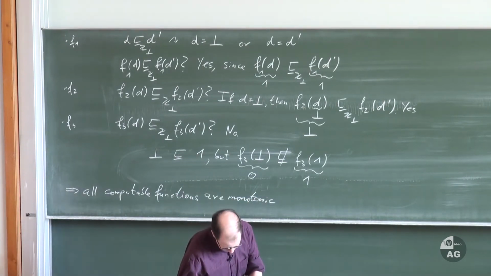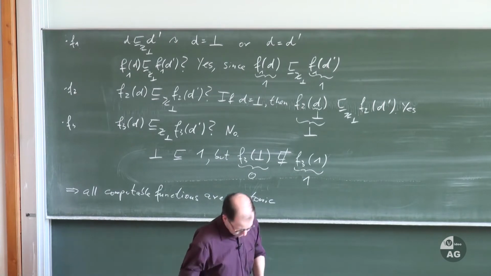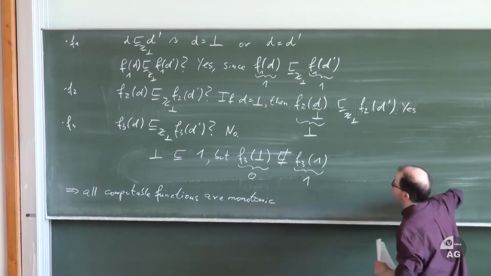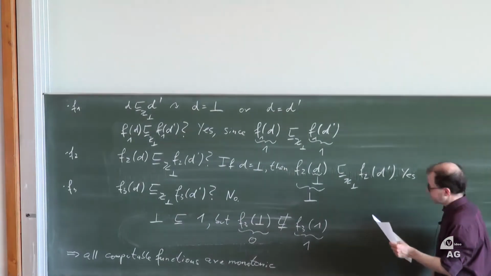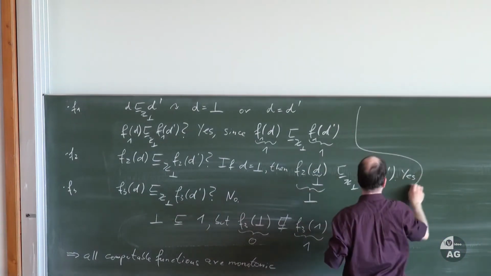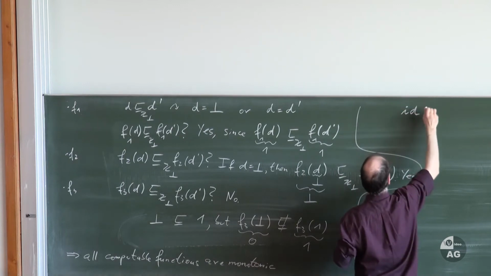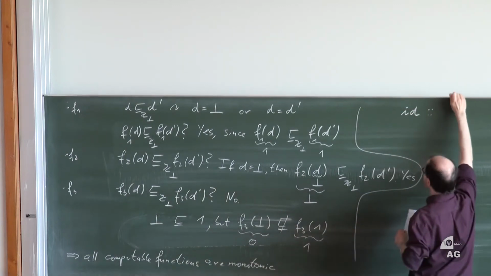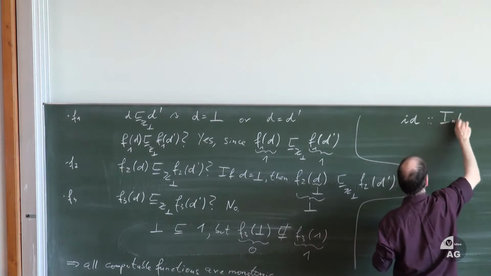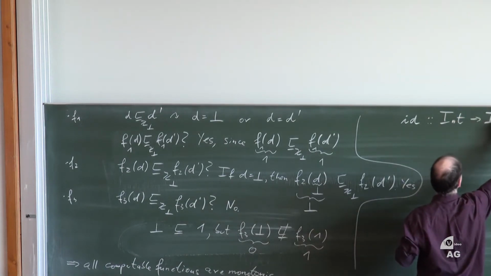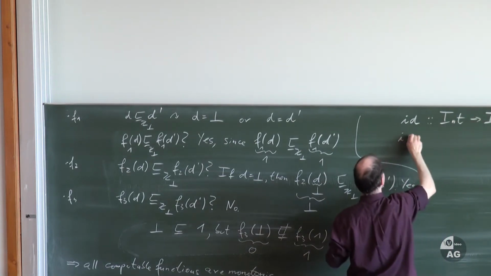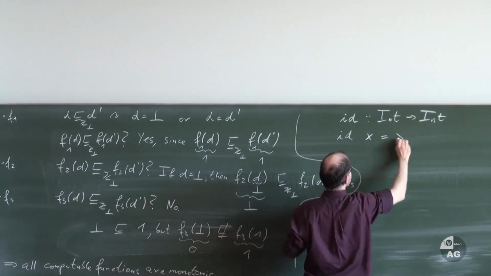Let's look at another example. For example, the identity function. Is the identity function monotonic? Suppose we have the following Haskell function which computes identity. So it of x is x.